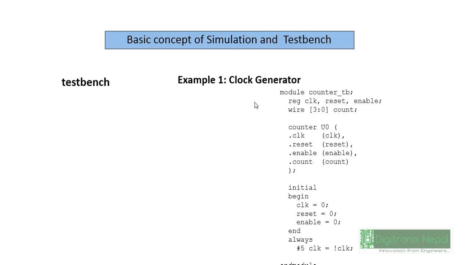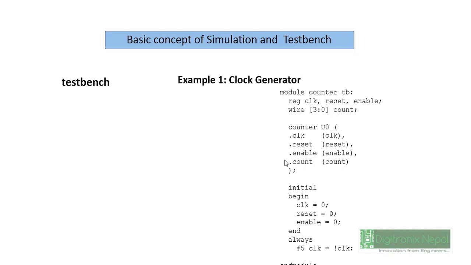Actually this clock generator consists of some definition of the module, counter Testbench, and there are some registers and wires. Registers are utilized for clock signal, reset and enable, and wire is utilized for the final result. So we can see counter u0.